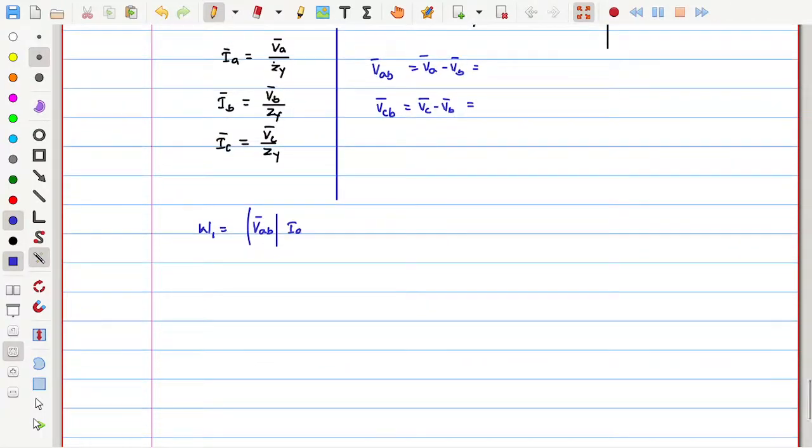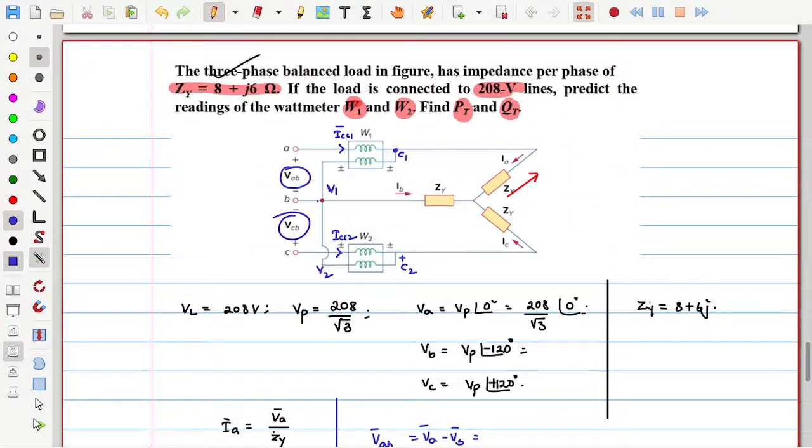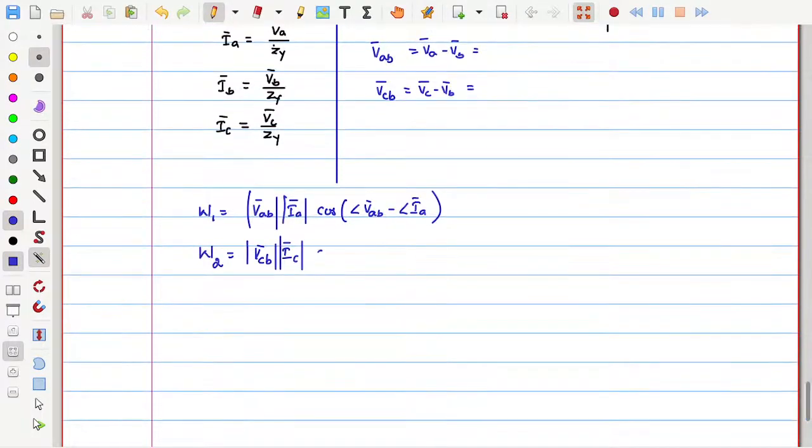So W1 is VAB magnitude into IA magnitude into cos of the angle of VAB minus the angle of IA. Similarly, W2 is VCB magnitude into IC magnitude into cos of the angle of VCB minus the angle of IC, only the angle.